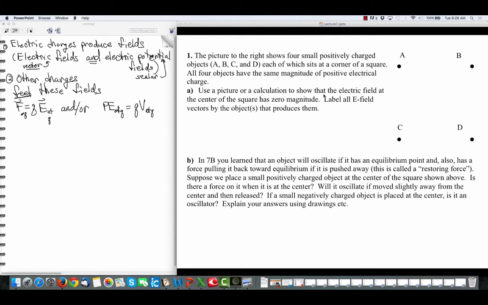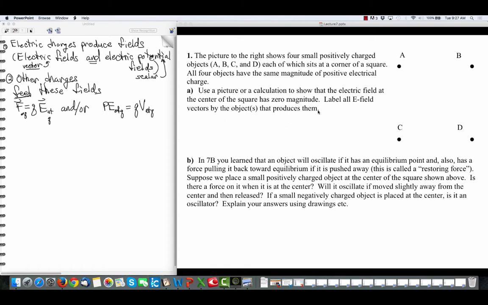Use a picture or calculation to show that the electric field at the center of the square has zero magnitude. Zero electric field exactly at the center of the square. Label all the electric field vectors by the object that produces them. So if you draw an electric field vector due to object D, label it E by D.